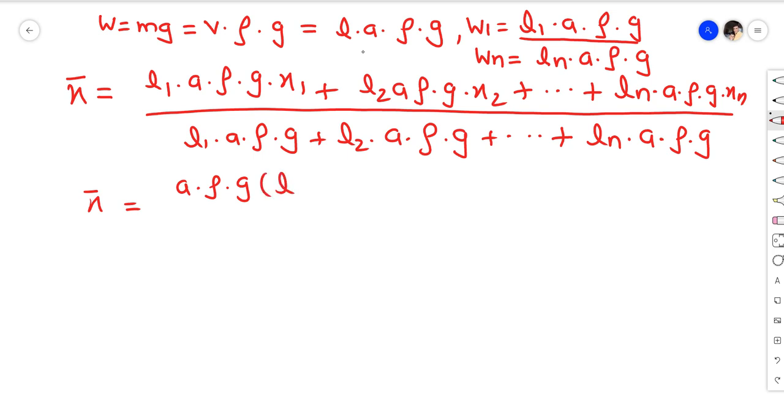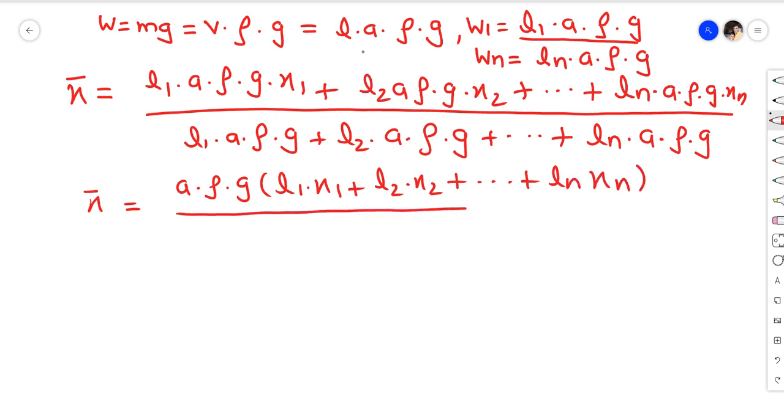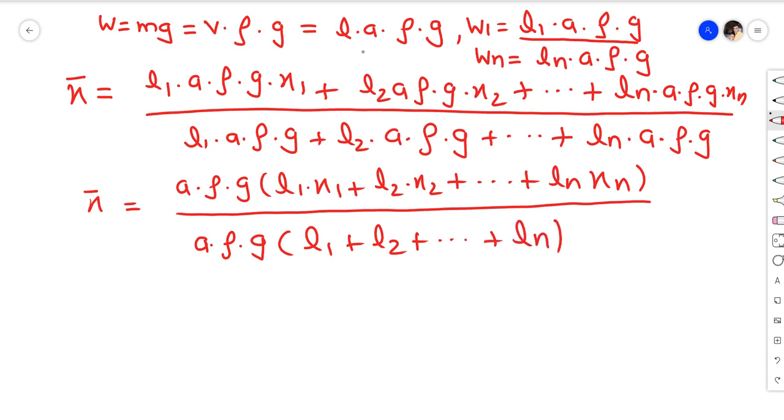So inside, L1 into x1 is left plus L2 into x2 up to Ln into xn, divided by, from here also we can take A into rho into g as common. So L1 plus L2 up to Ln.